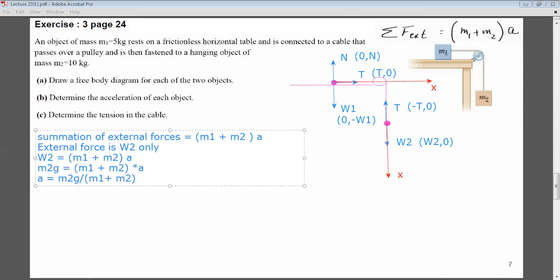M2G is 10 times 10, so it's 100, divided by 10 plus 5, so 15. This gives acceleration equal to 6.67 meters per second squared.